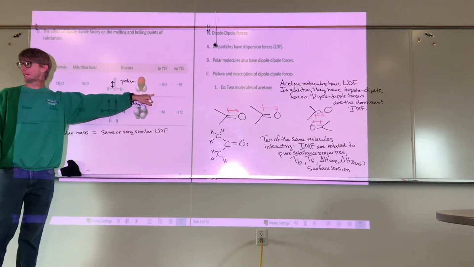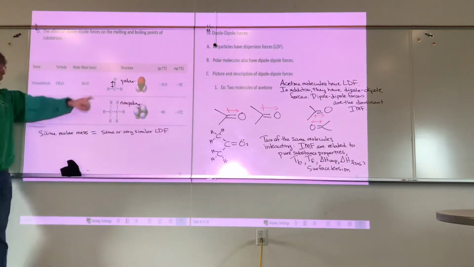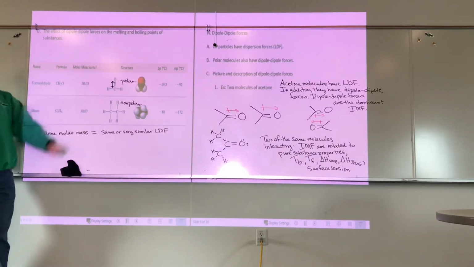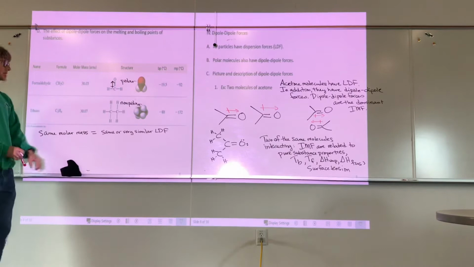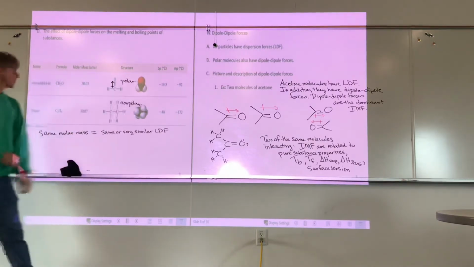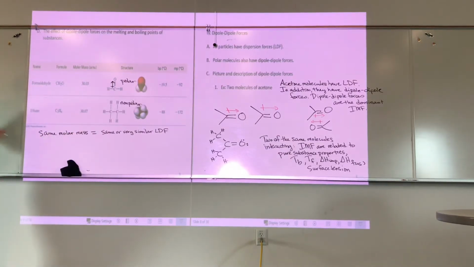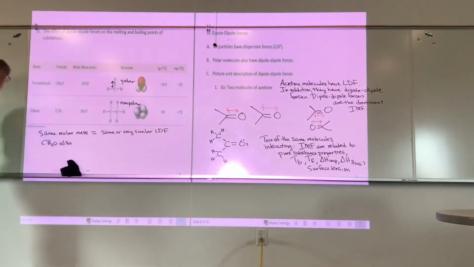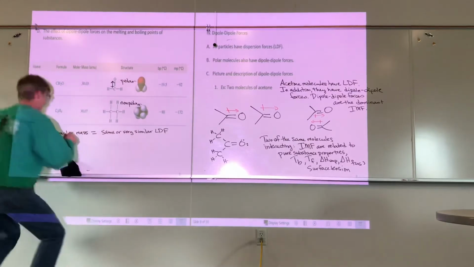And this is lovely because we can see what effect this dipole has, or dipoles in general, but this type of dipole as well. So, formaldehyde, CH2O, also has dipole-dipole forces, which significantly raise TB and TF.